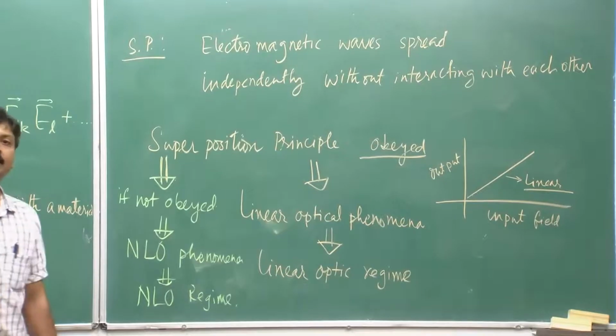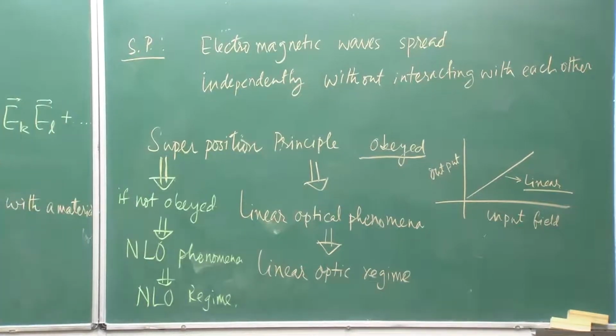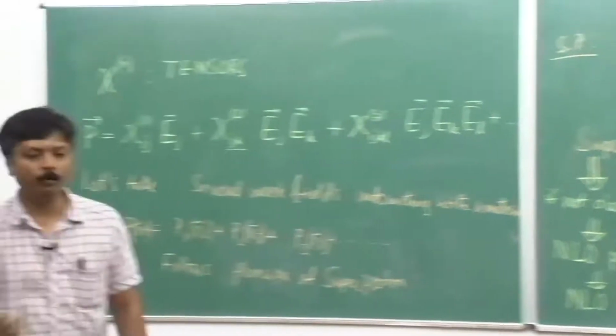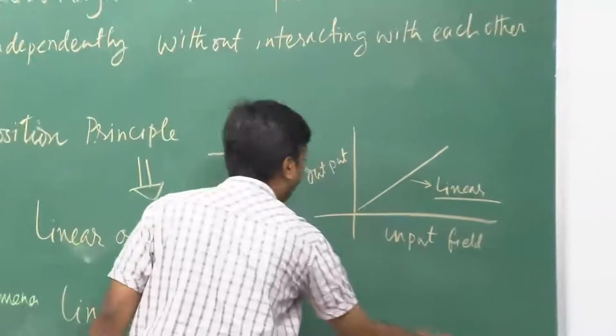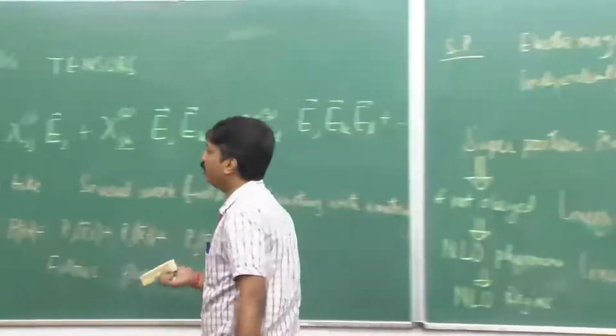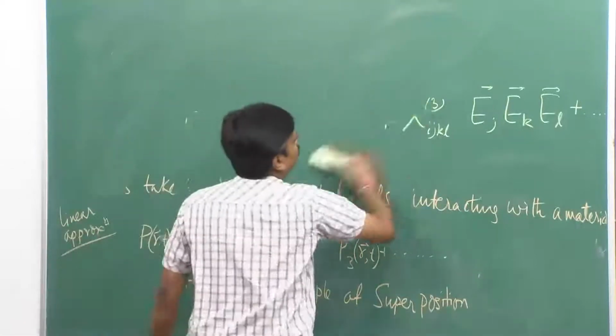We can have several different types of nonlinear optical phenomena. Now, what I will do, I will first give you a couple of examples before going into the detail of different nonlinear optical phenomena, for example, second order, third order nonlinear optical phenomena, and so on.